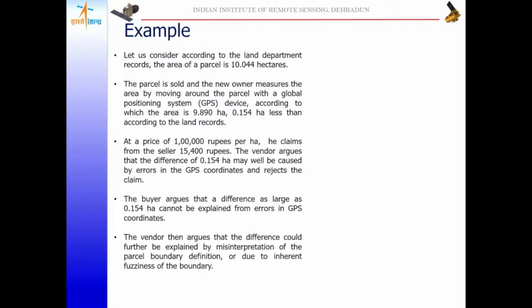Maybe there are places where the boundaries are not clear. Or second, if you see an agricultural field, near the boundary side by side there will be a ditch for the water flowing or moving.